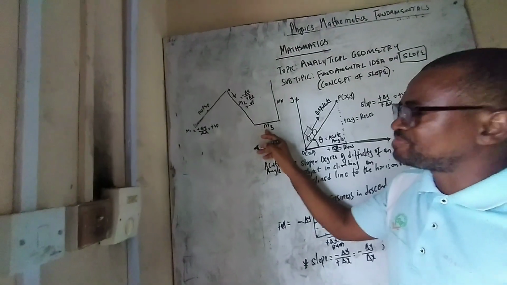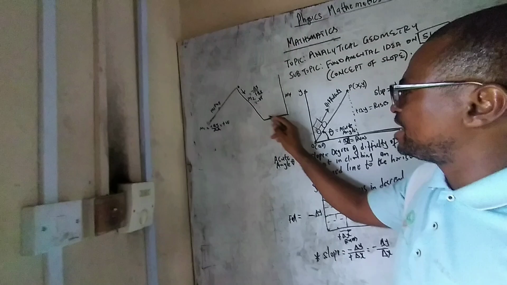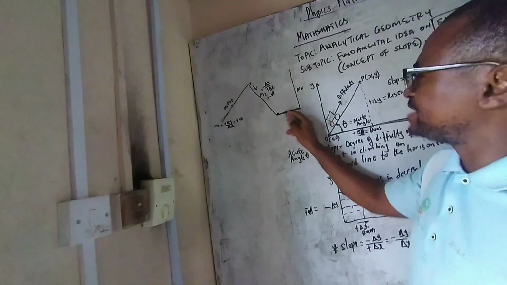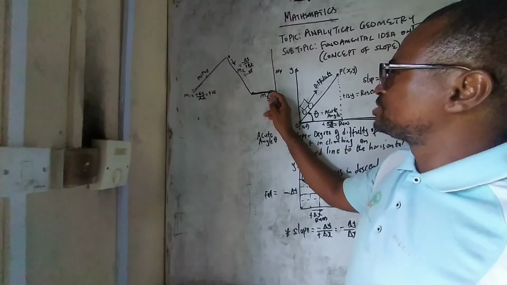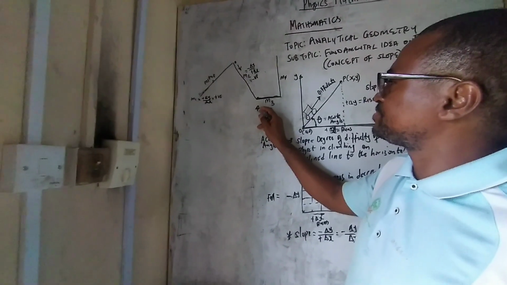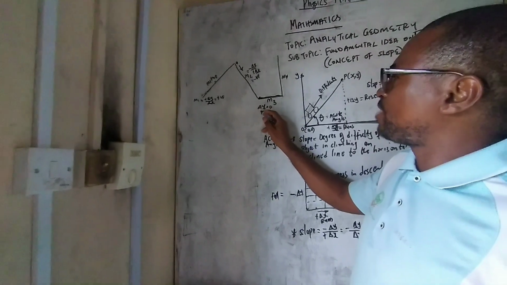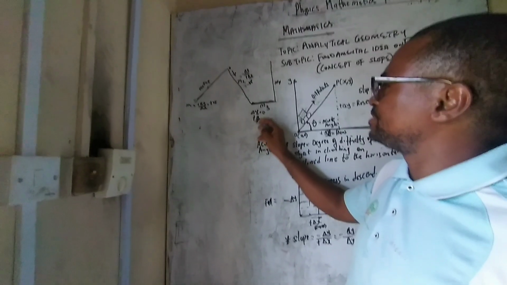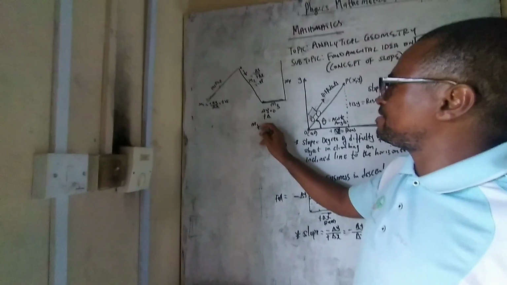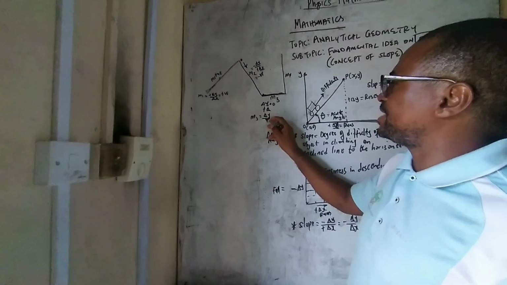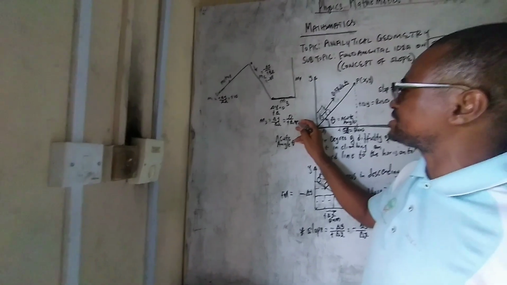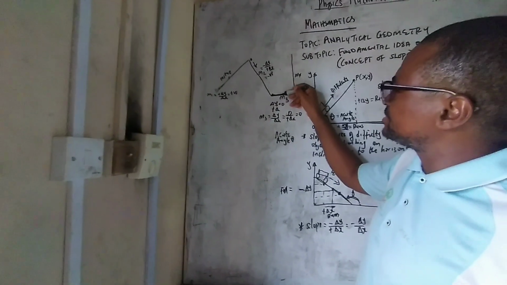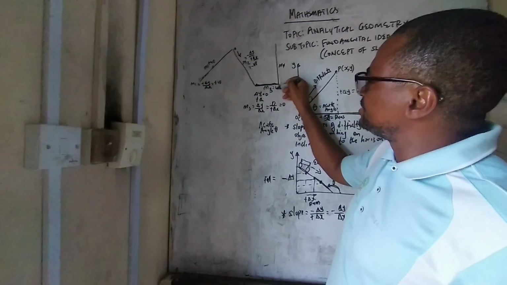Now, if you look at the horizontal line, as the object is moving here, there is no rise, there is no fall in y. So the value of delta y is 0, while delta x is positive. So from the definition of slope, m3 will be delta y divided by delta x, which is 0 divided by plus delta x, which is 0. So that means the slope of a horizontal line is 0.